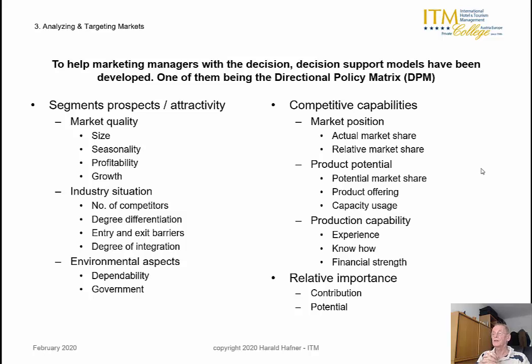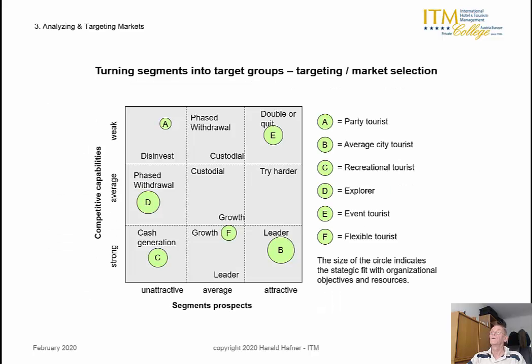The DPM matrix differentiates thereby between three levels of business sector prospects. As you can see here, we're not only talking about weak and strong, but we've included the average as far as the competitive ability is concerned.